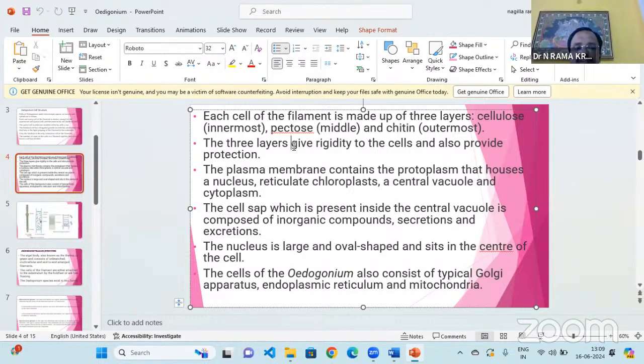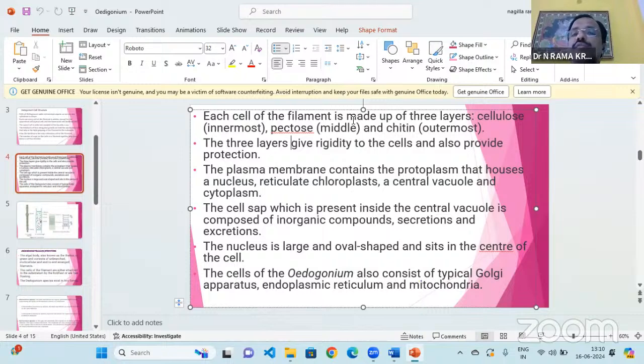What is the vegetative structure? This is the vegetative structure. You see now here, each cell of the filament is made up of three layers. Before, we saw only two layers, pectic and cellulose, but particularly in Oedogonium there are three layers: innermost, middle, and outermost.